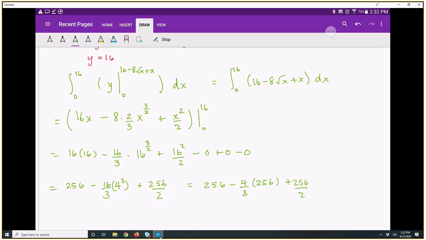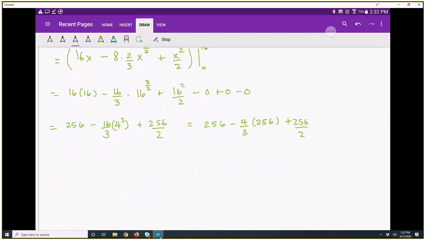So first I'm going to combine these first two. So I could think of 256 as 3 times 256 over 3. So this becomes minus 1/3 times 256 plus 256 times 1/2. I know that 1/2 minus 1/3 is 1/6.